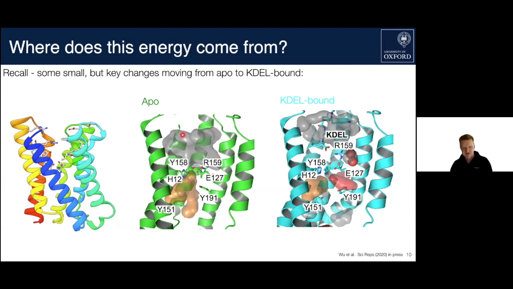You can see there are two pockets, a gray one and an orange one, either side of the central hydrogen bond, which I've been telling you about. And in the KDEL bound state, this gray pocket shrinks quite a lot, and so does this orange one as well. There's also the appearance of a small red one. So the KDEL binding reduces cavities both sides of the hydrogen bond that's formed, and that's quite important.